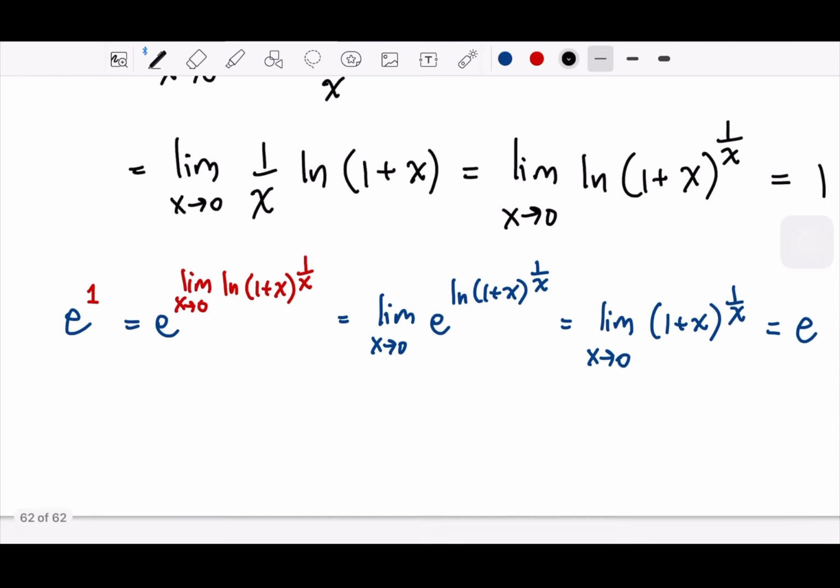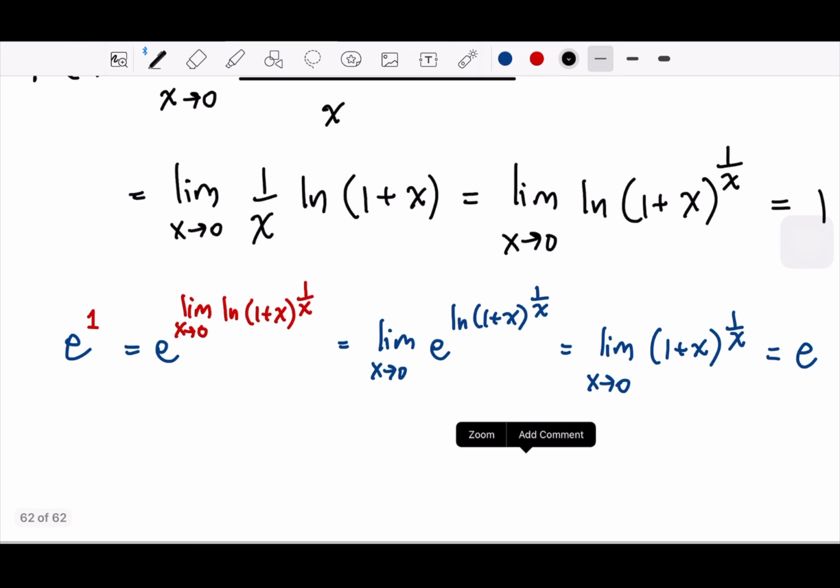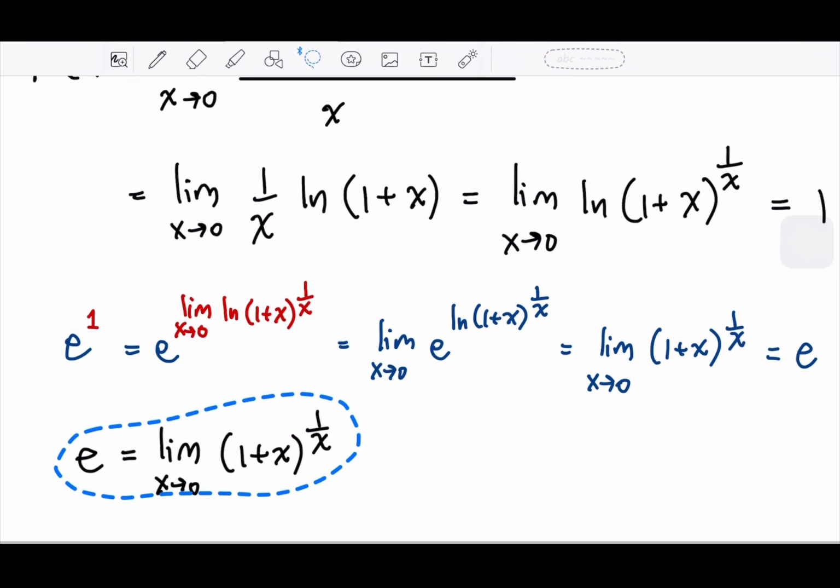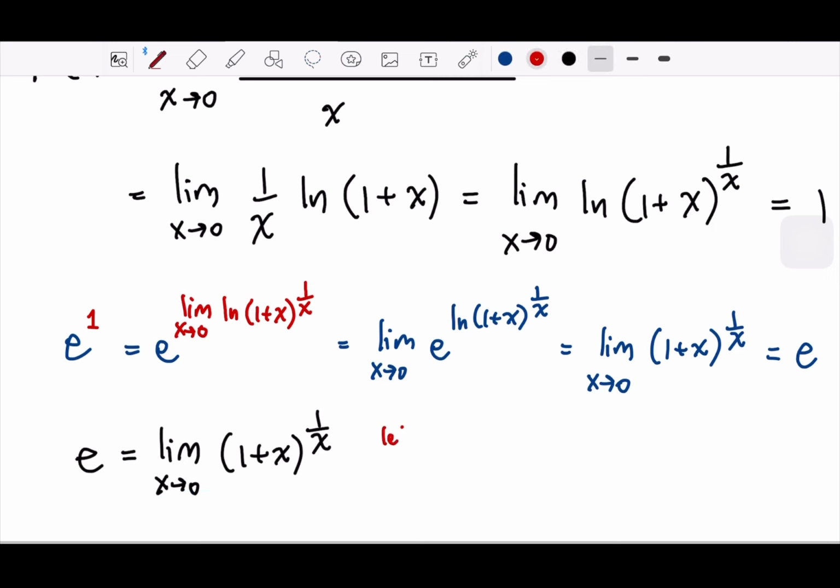So the takeaway from this is you can write your e as a limit. This is the first expression. The second expression is if you let x equal 1 over n.